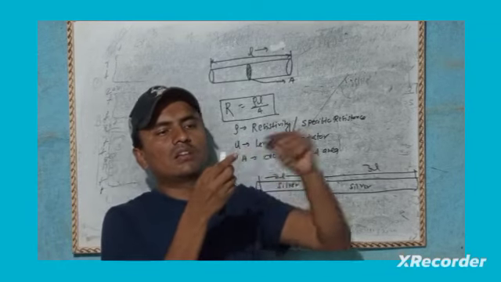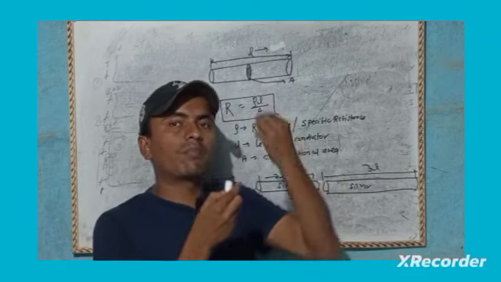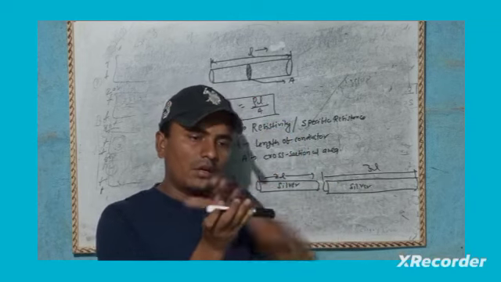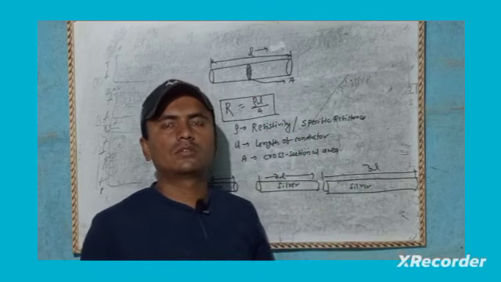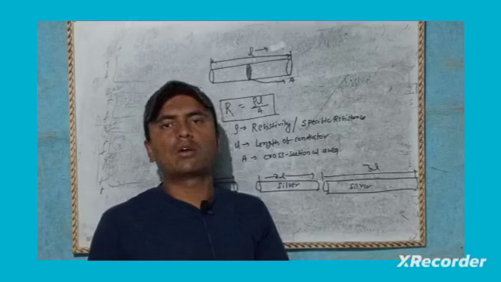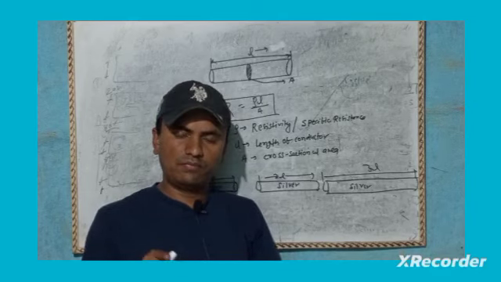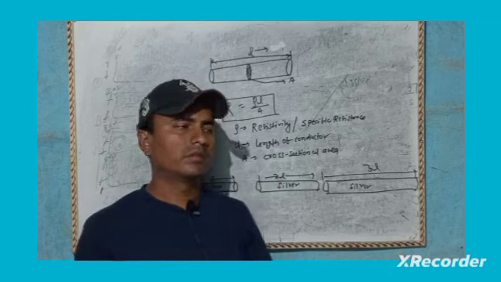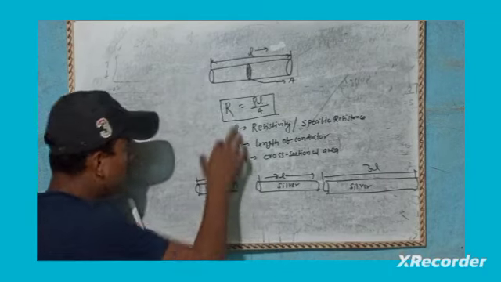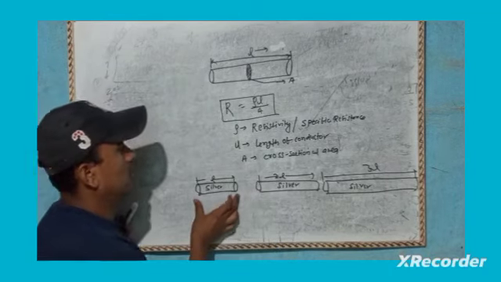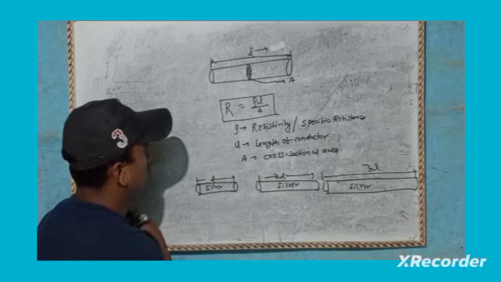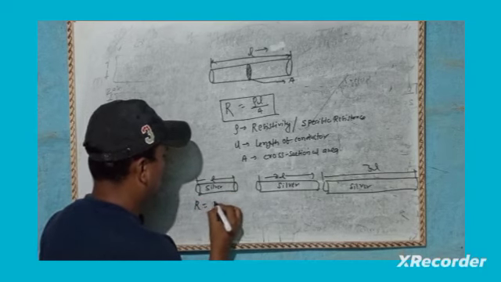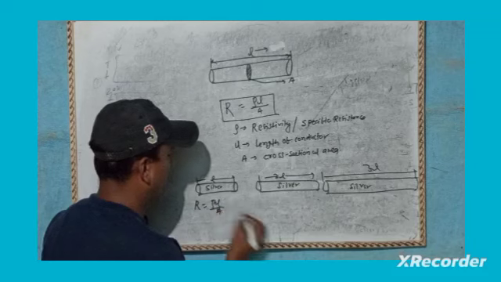If you cut here, this small part has the same resistivity as the long part. Resistivity does not depend upon the length or cross-sectional area. But resistance depends on length.